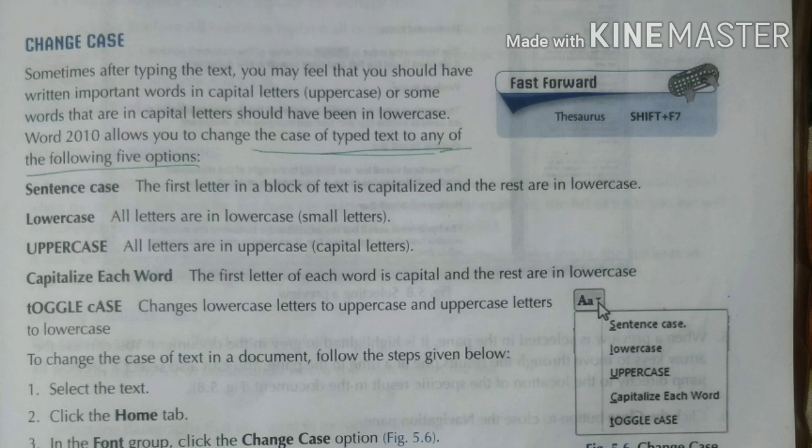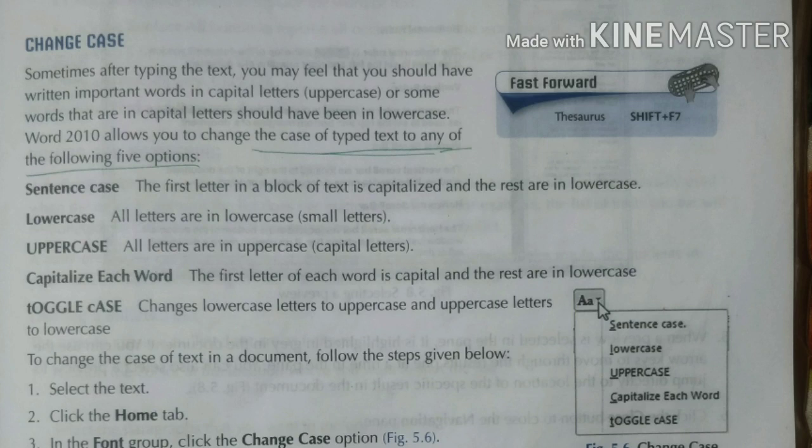Next, change case. Sometimes after typing you may feel that you should have written the word in capital letters or small letters or some other letter style. After writing a paragraph, if you are asked to change everything into capital letters, you cannot delete everything and write again. So there are some options available in MS Word.